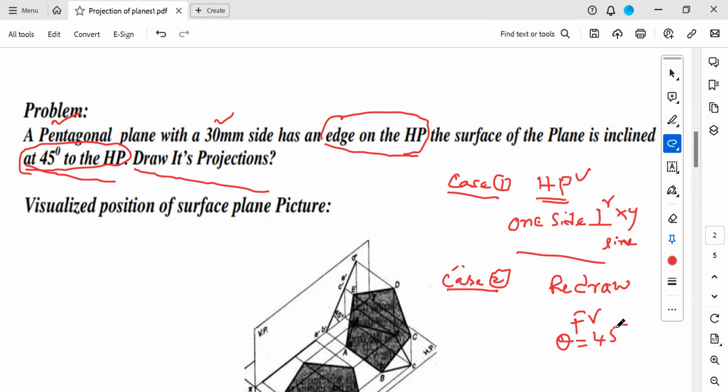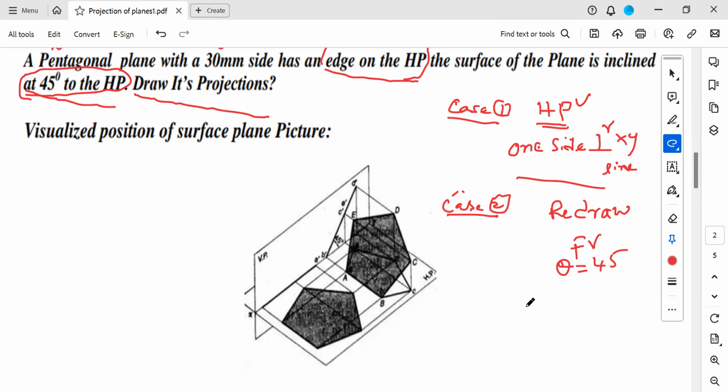Then you take the corresponding projections from the stage 1 top view, and you take the projections of the stage 2 front view, since we are redrawing the front view. Then you will get the final top view in stage 2. So like this we need to draw in 2 stages.